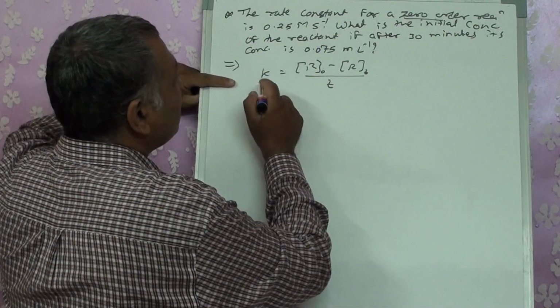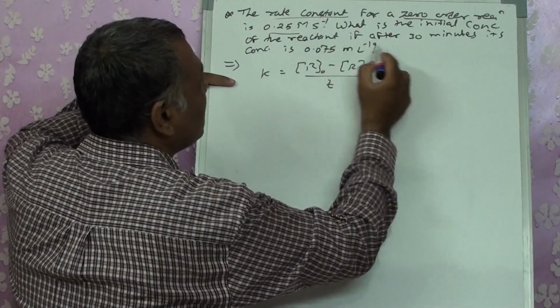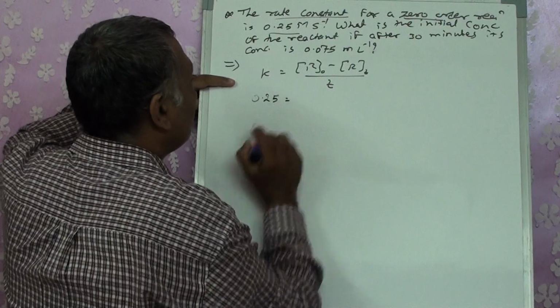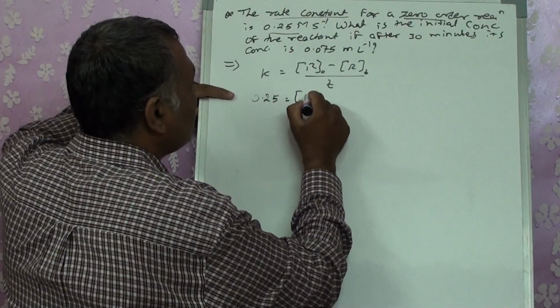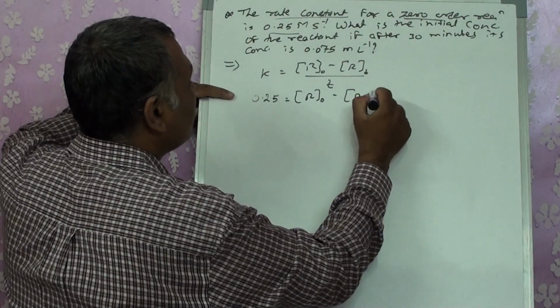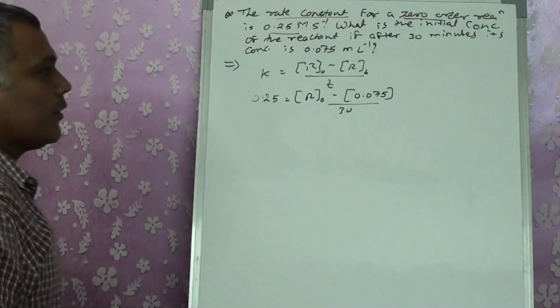The rate constant is given, and we want to calculate the initial concentration. The rate constant given to us is 0.25. R0 we want to calculate. Rt is given to us as 0.075. Time is given to us as 30 minutes.